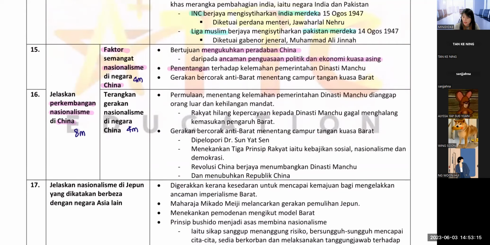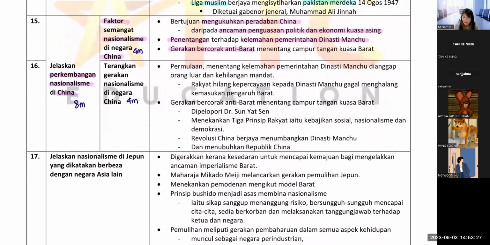And they go against the weakness of their government called Dynasty Manchu. They have an anti-Barat movement. Therefore, first of all, they menentang who? Menentang kelemahan pemerintahan Dynasty Manchu, who are considered outsiders and have lost their right to rule.